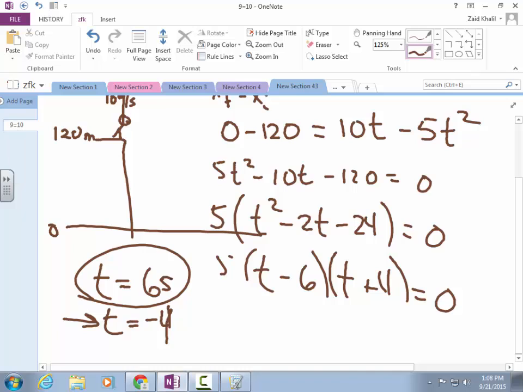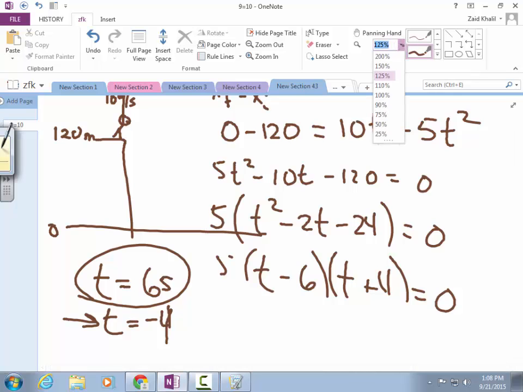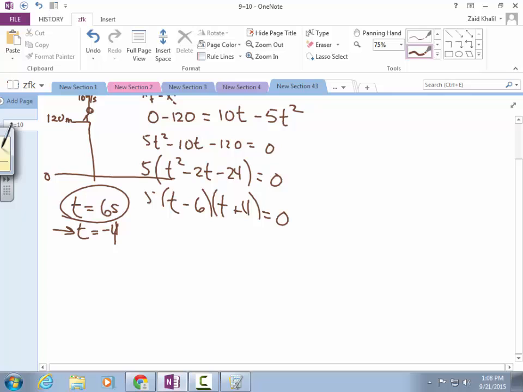All right. So we have the time. Now that we have the time, we can find other things. What else do you want me to find, Khalil? You want me to find the speed just before it hits. How do I find the speed? I can use the definition of acceleration or a rearrangement. In other words, VF equals VI minus GT.